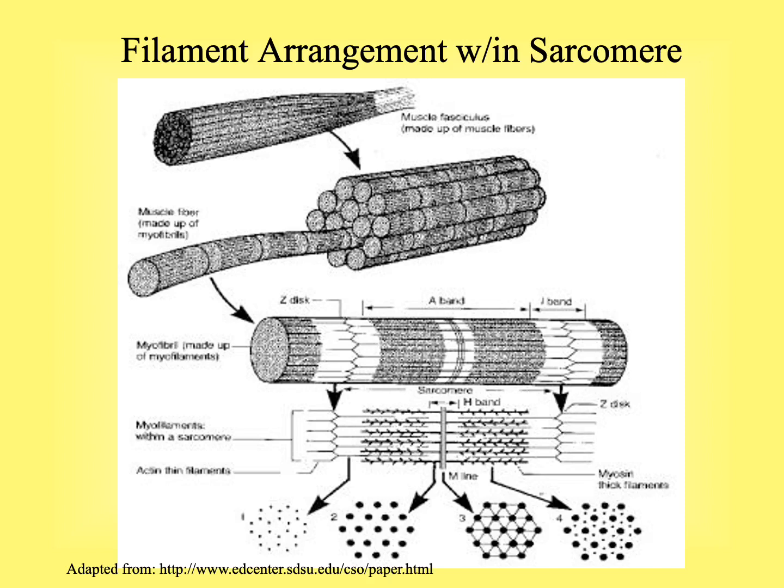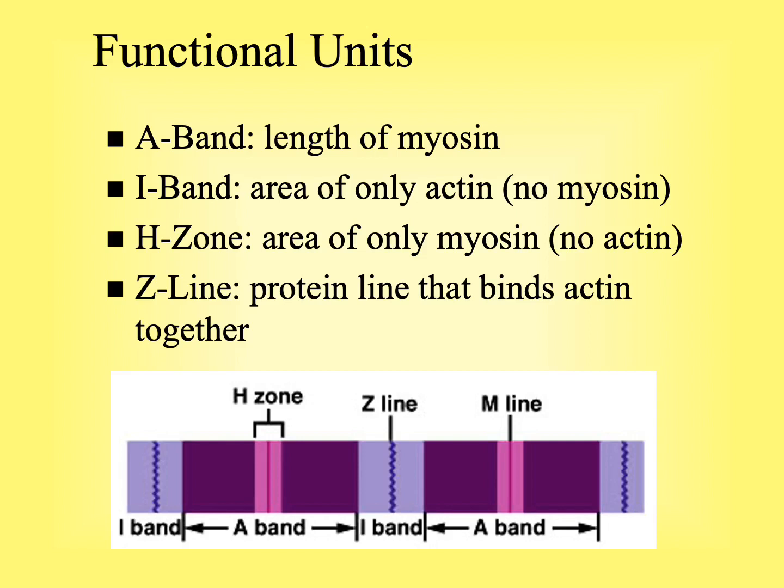If we take this 360-degree motion and lay it out as a flat image, we get something that looks like this, in which we have distinct regions within the sarcomere. Remember, we're going to go from Z line to Z line, or Z disc to Z disc, for the sarcomere. Surrounding each Z line is an area known as the I band.